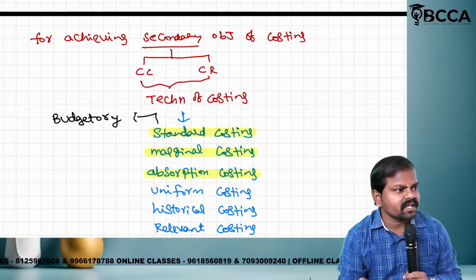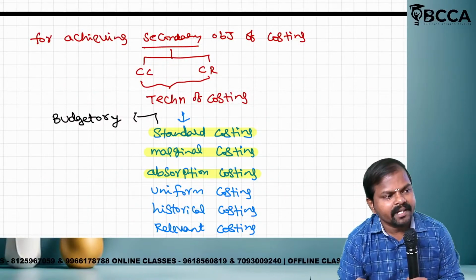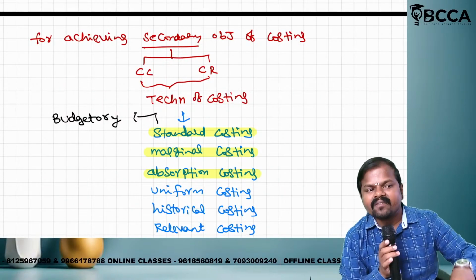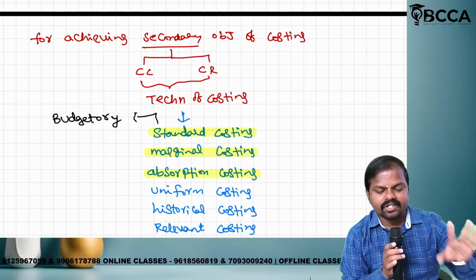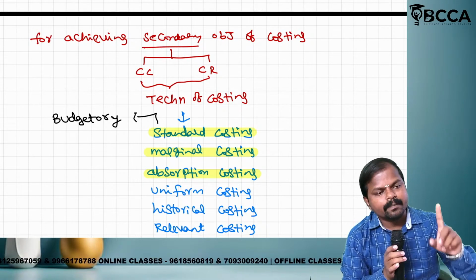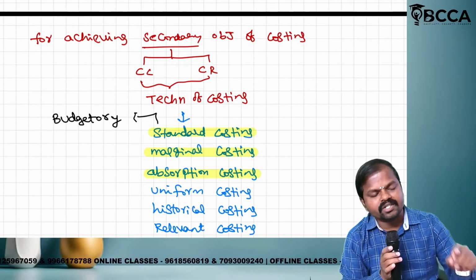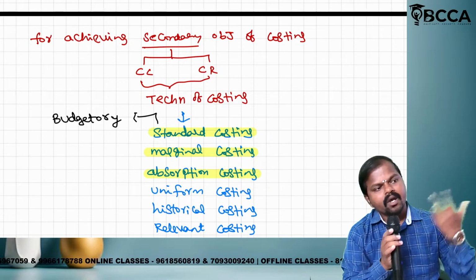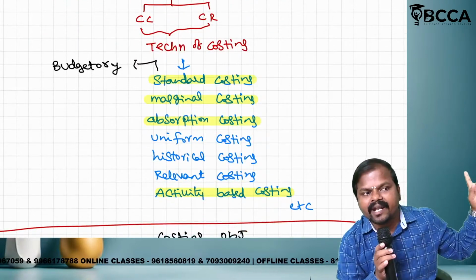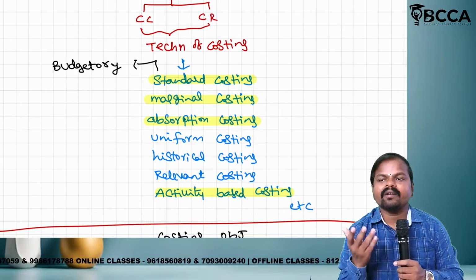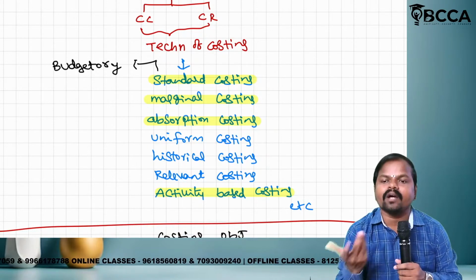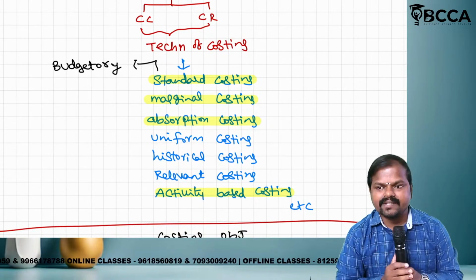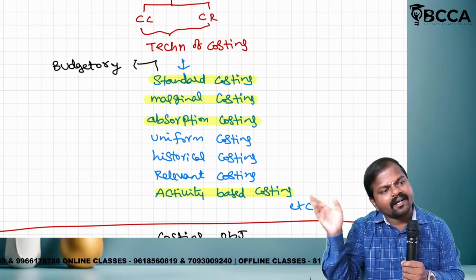That was also discussed in the earlier class. What techniques of costing are available? Standard costing, marginal costing, absorption costing, uniform costing, historical costing, relevant costing, activity based costing. So many are there, that is the reason I mentioned etc. After activity based costing, target costing and Kaizen costing are there. So many costings will be studied under Final.